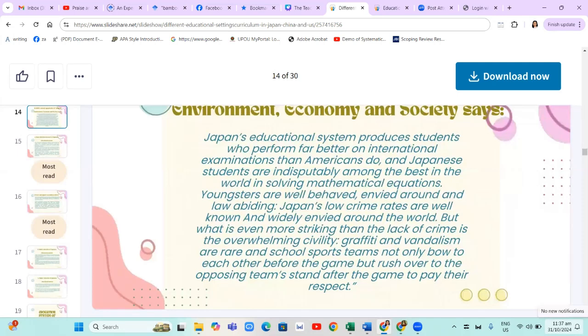Japan's low crime rates are well known and widely envied around the world. But what is even more striking than the lack of crime is the overwhelming civility. Graffiti and vandalism are rare, and school sports teams not only bow to each other before the game but rush over to the opposing team's stand after the game to pay their respect.